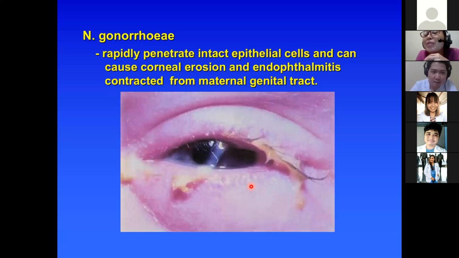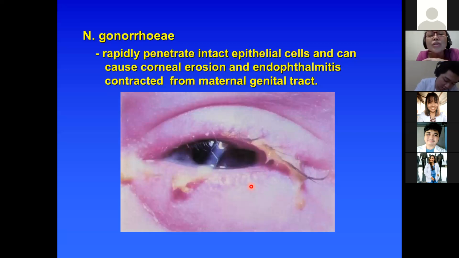In a baby, what will you see? Even in an adult patient. There is profuse, yellowish discharge talaga. And sometimes, may dugo pa. It is mucopurulent discharge.